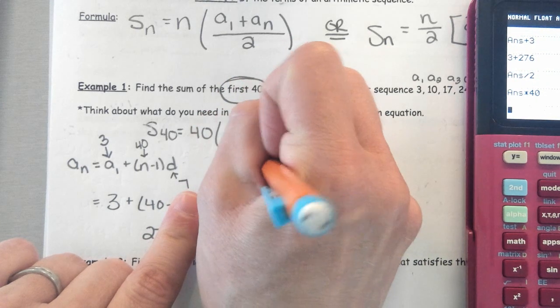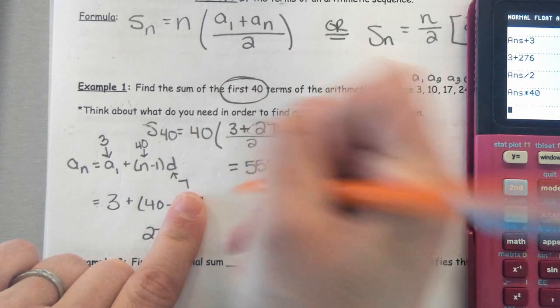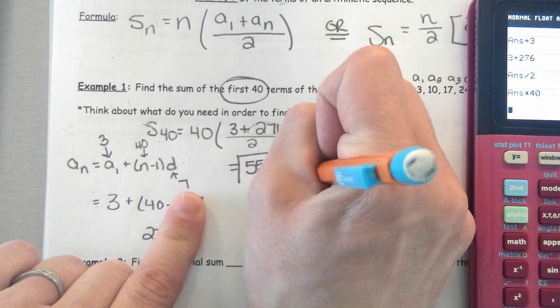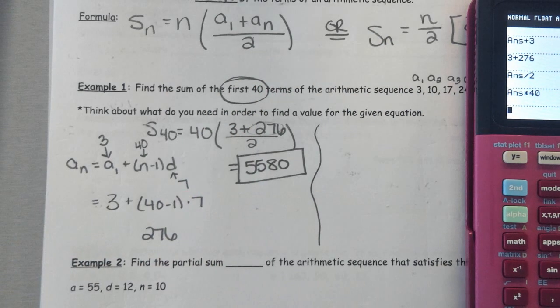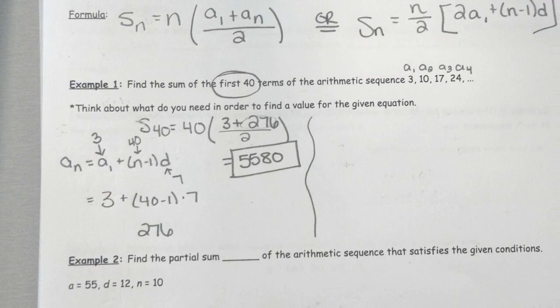Some units, you know I'm picky. This is not one. So this would give me the sum of my first 40 terms. Again, could I brute force it and find all 40 terms and then add them up? Sure, I could, but it doesn't sound like a good time. So that's one way to do it.